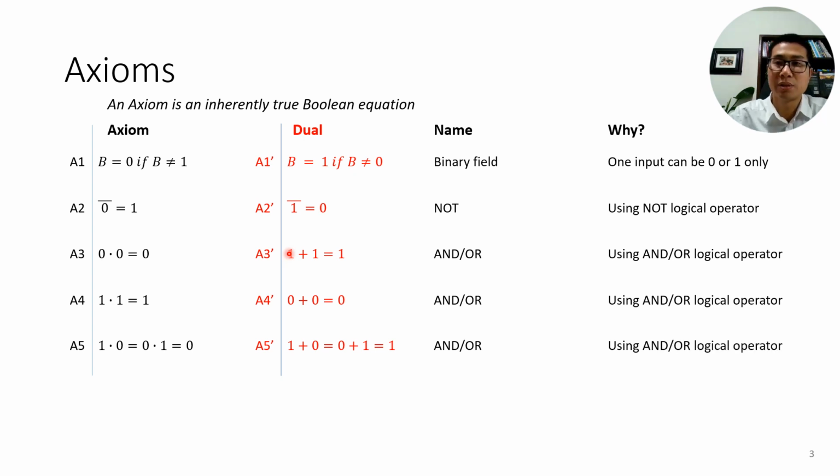Okay? So these are the 5 axioms that we have in order to use them to simplify our Boolean equations, which we'll learn later. But we'll start with the very simple ones. That's why they are axioms.